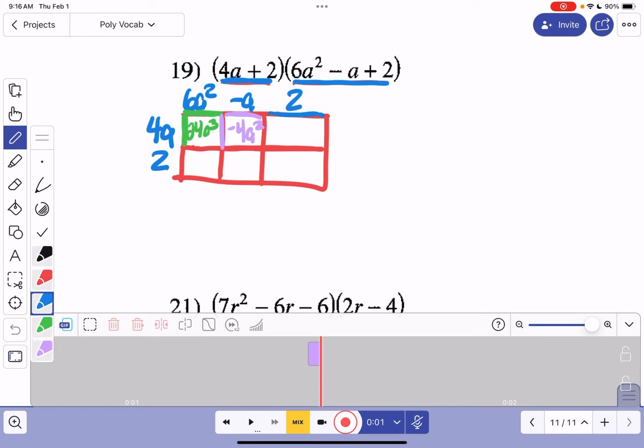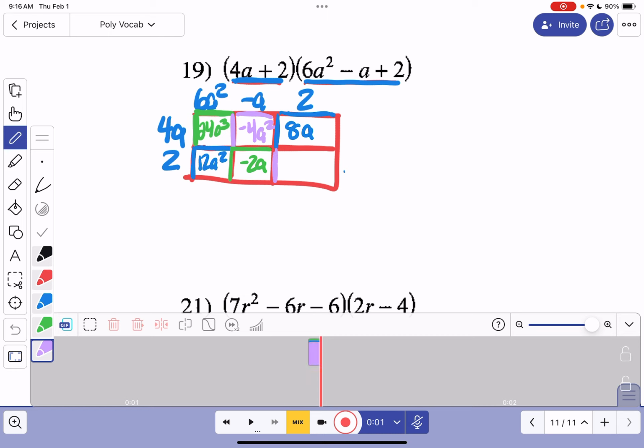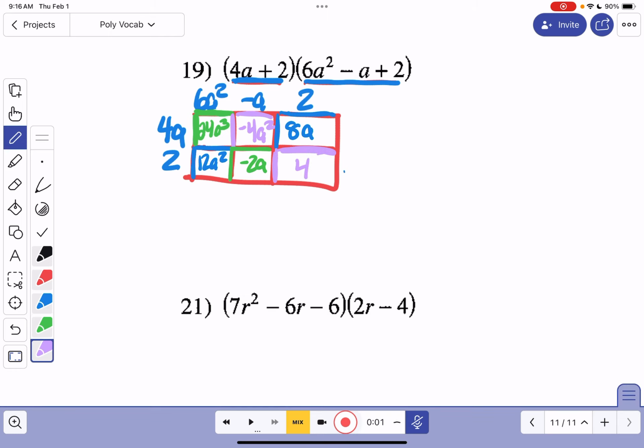Then we do this one. 2 times 4a would be 8a. 6a squared times 2 is 12a squared. 2 times negative a is negative 2a. And 2 times 2 is 4. That part's just like a Punnett square, multiply the edges.